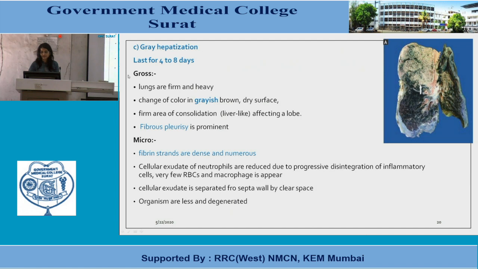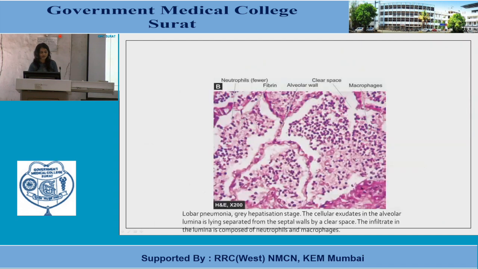This photograph shows the stage of gray hepatization, in which we can see this exudate separated from the septa by a clear space, mainly consisting of disintegrated neutrophils and few macrophages.